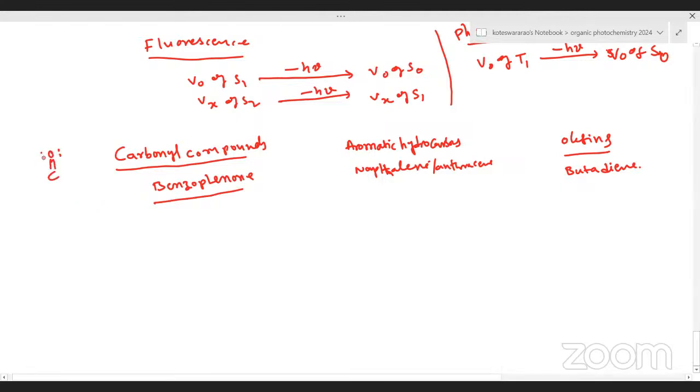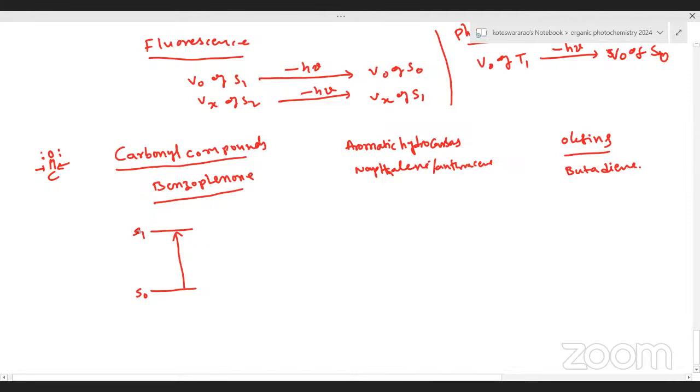These non-bonding electrons easily undergo excitation, then the pi and sigma ones. Whenever we irradiate that compound, it will be excited from S0 to S1.